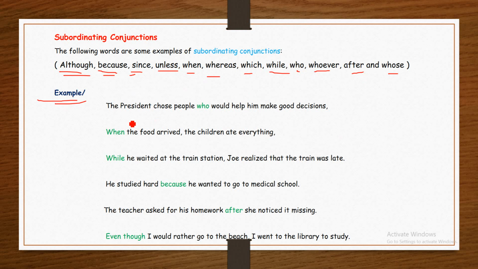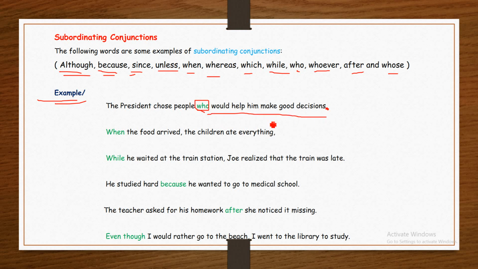Example: the president chose people who would help him make good decisions. As we said, who is what? Who is a subordinating conjunction. Who is also a relative pronoun, but here it is a subordinating conjunction.